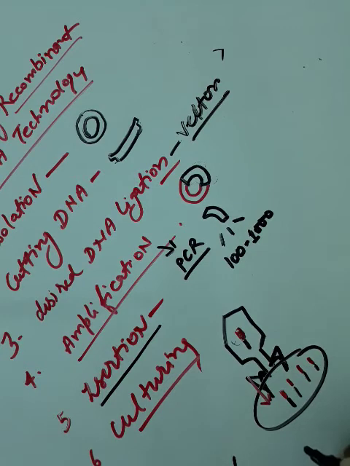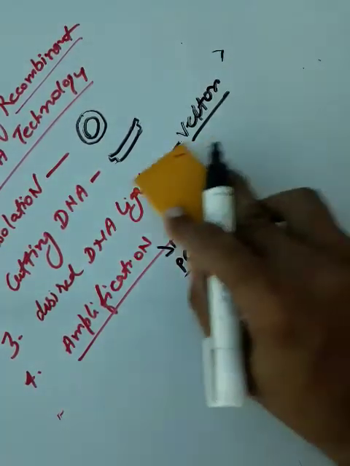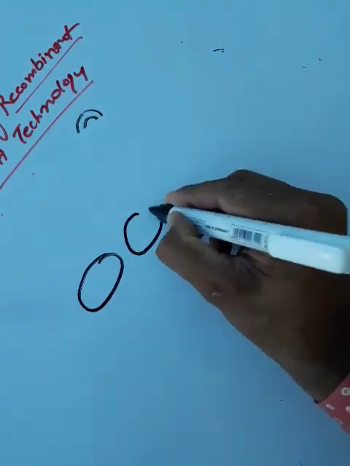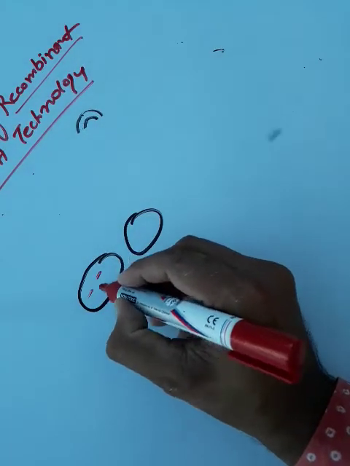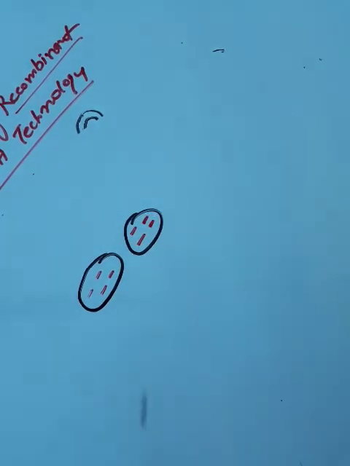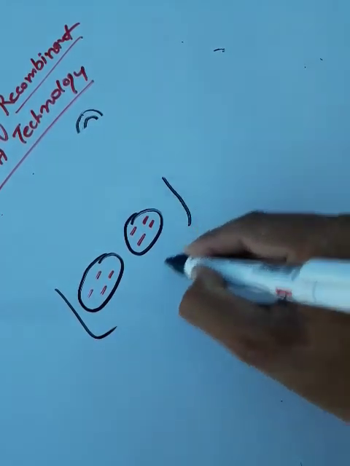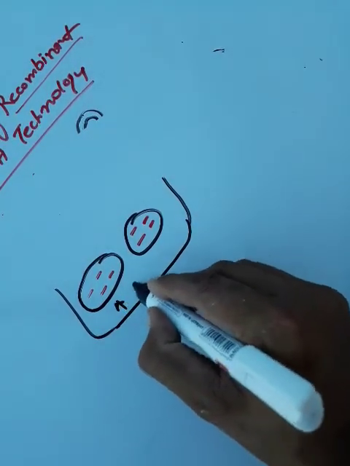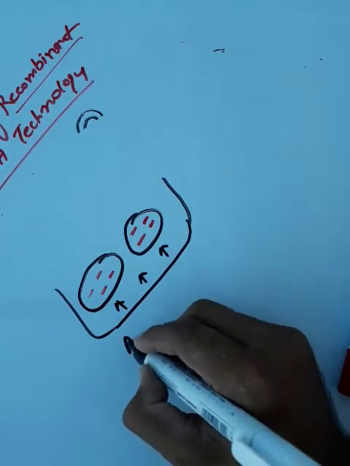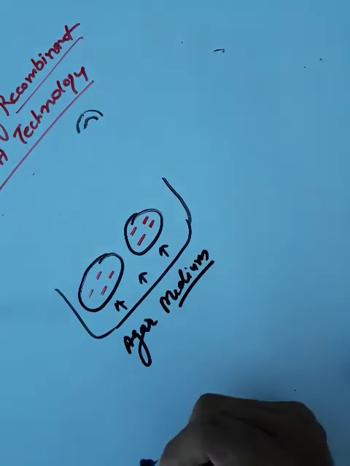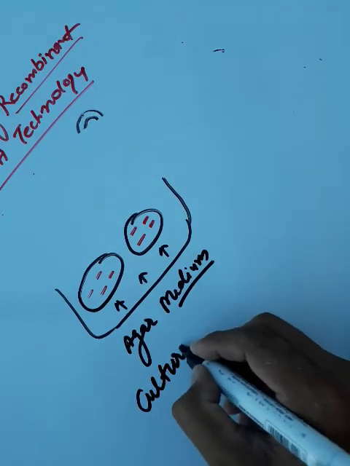And after that, we provide nutrition to these host cells. For example, this host cell has the desired genetic material in this way, and we can provide nourishment to the host cells by agar medium, and this process is known as culturing.